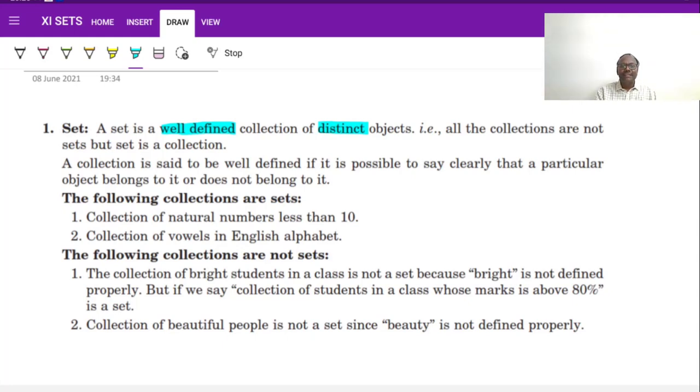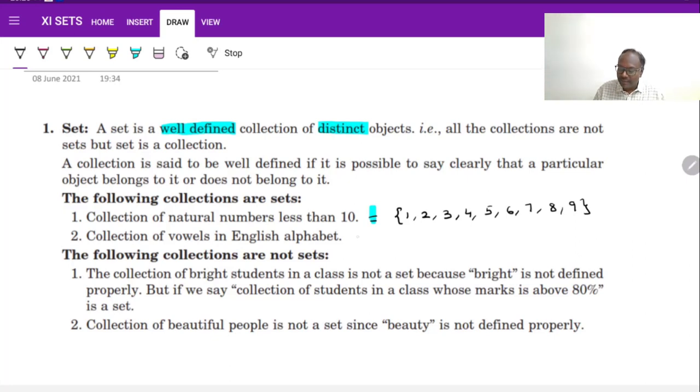So let us see a few examples of set. The first example, collection of natural numbers less than 10. What are the natural numbers less than 10? They are 1, 2, 3, 4, 5, 6, 7, 8 and 9. So this can be an example of a set.